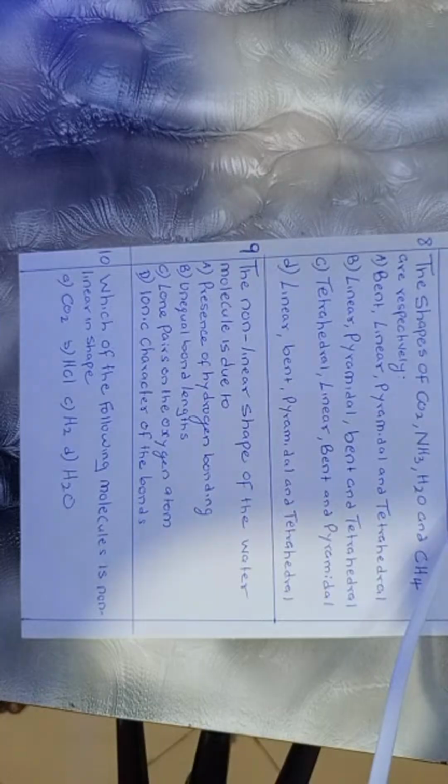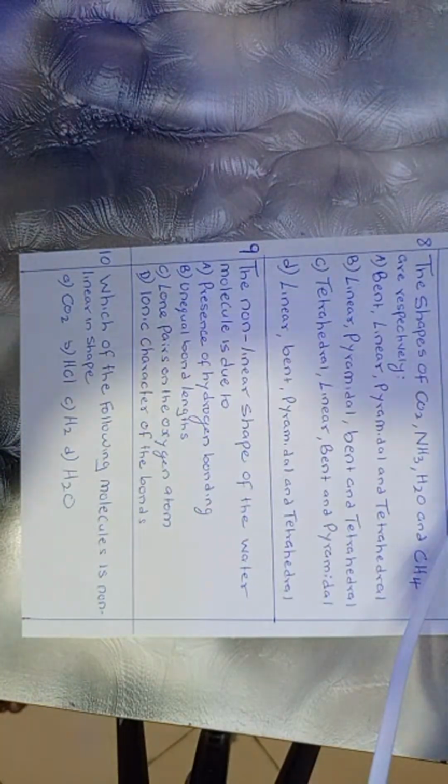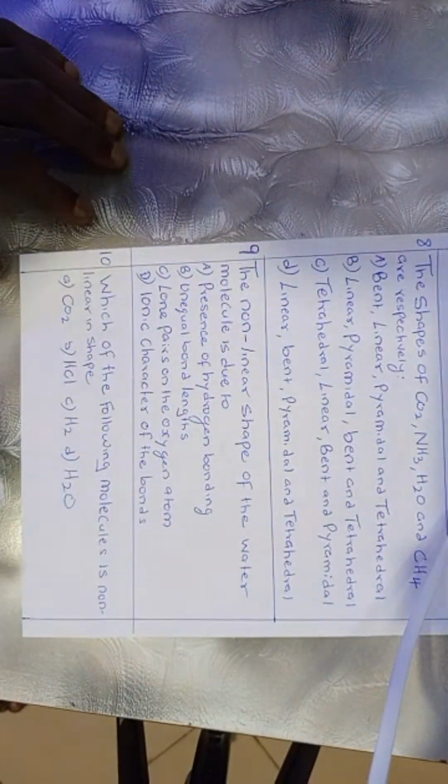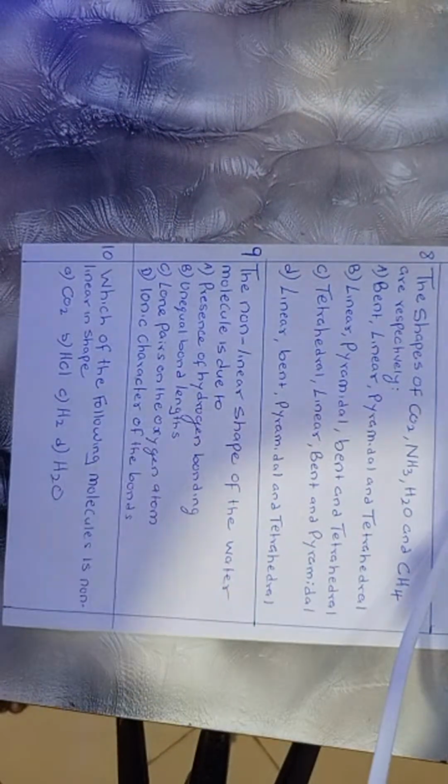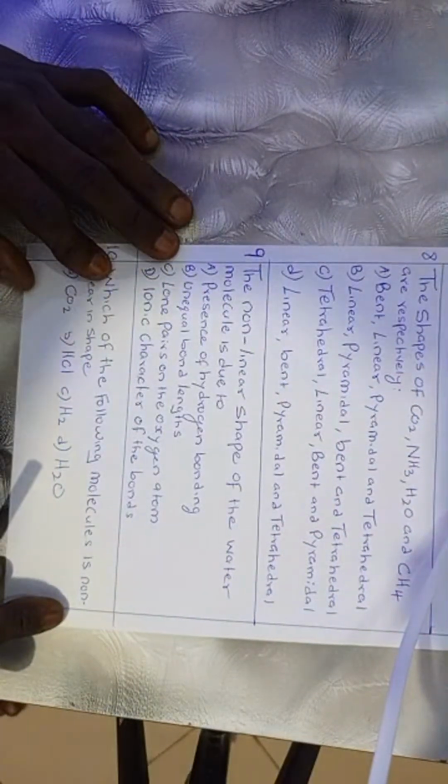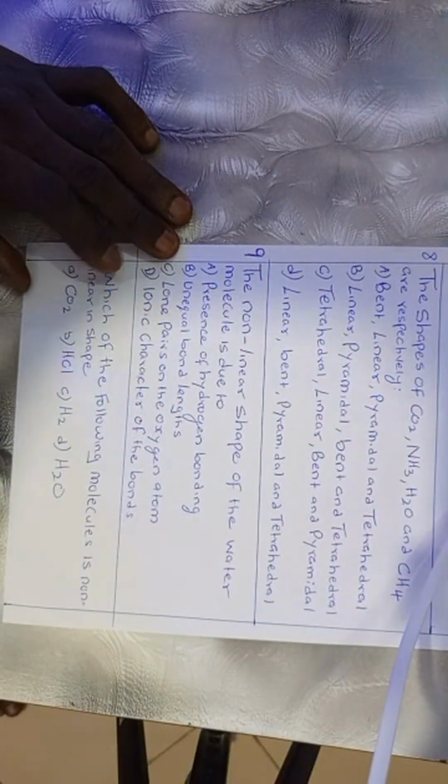Let's go to problem number 9 now. Problem number 9 says: the nonlinear shape of the water molecule is due to... Let's check out the correct answer to that question. So why do you think water has a nonlinear geometry?